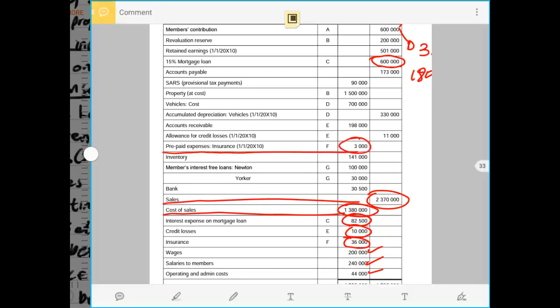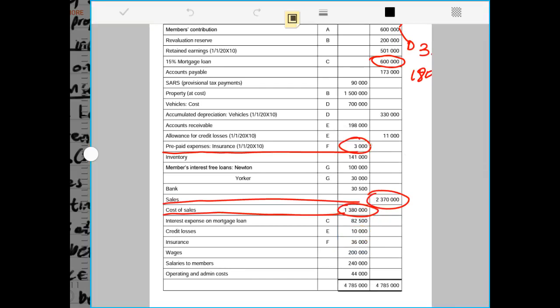and we also have insurance expense that was paid during the year. So if we had a prepaid expense of 3,000, it means last year we paid 3,000 for the current year.